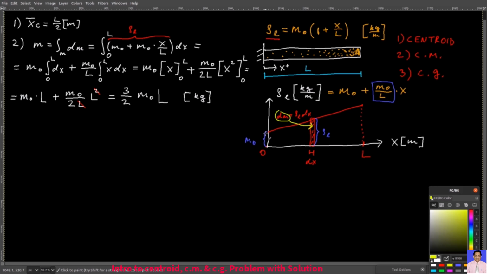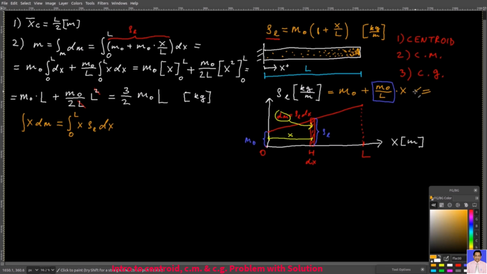And now what we will do, we will take this differential m and we will multiply it by x, so x times dm, and then we integrate it. So each differential mass will have its own x as you go through the beam with your integration sign. In other words, I will sum up all the differential products with integration. So I can rewrite it like this. The integral from 0 to L, x times rho L times dx.